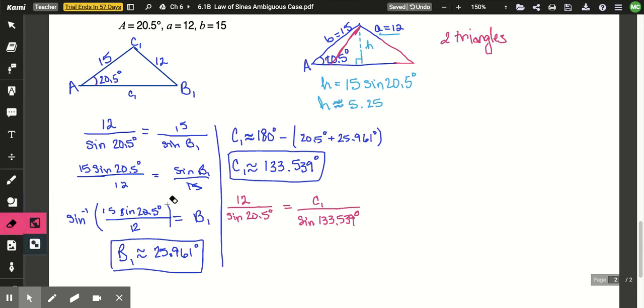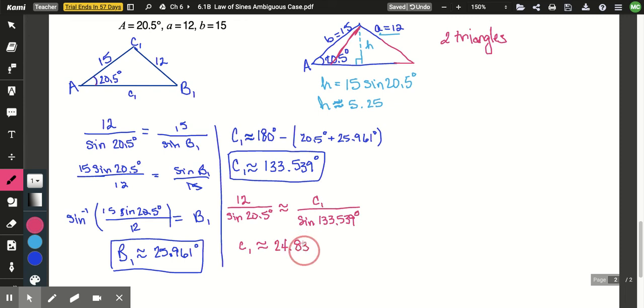And, well, once again, I used an approximated value in there, so this really ought to say approximately equal to. So I'd be typing in my calculator 12 times sine of 133.539 degrees divided by sine of 20.5. And when I do that, I get 24.839.